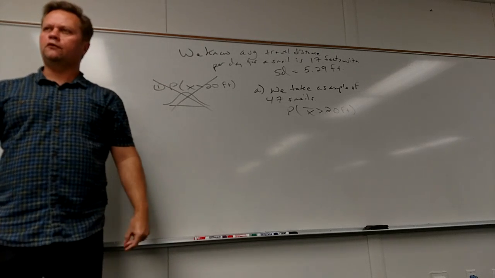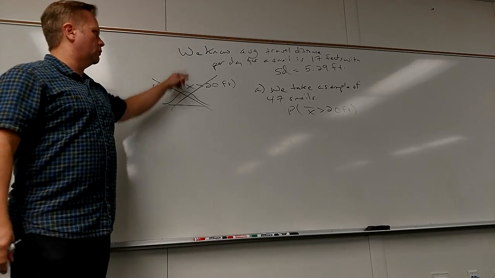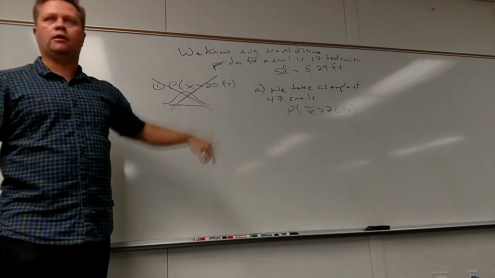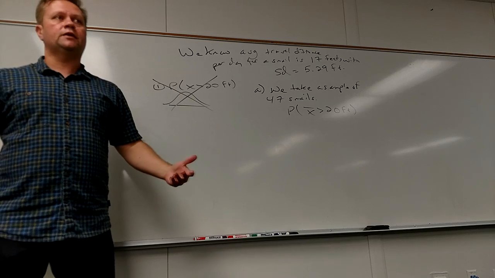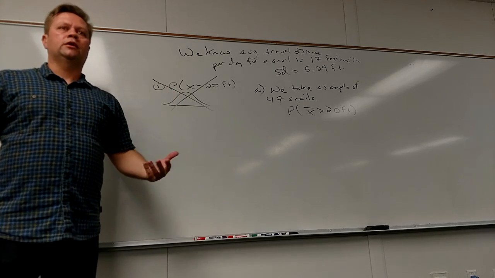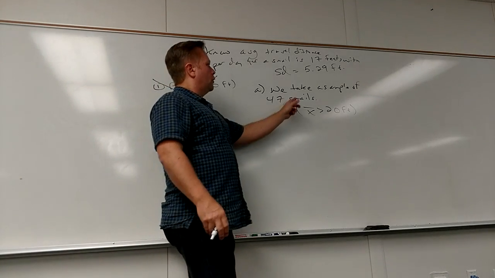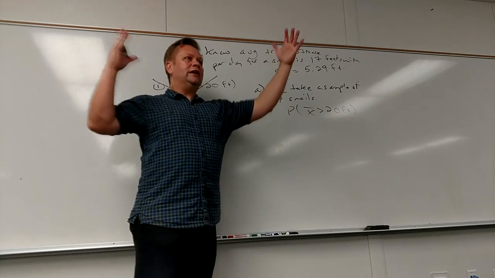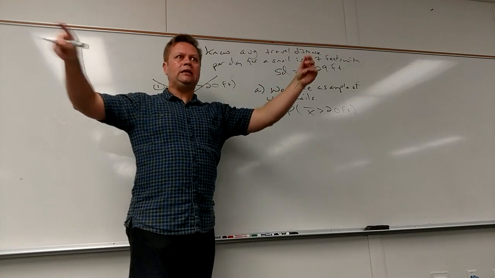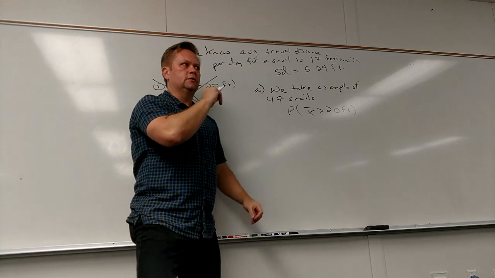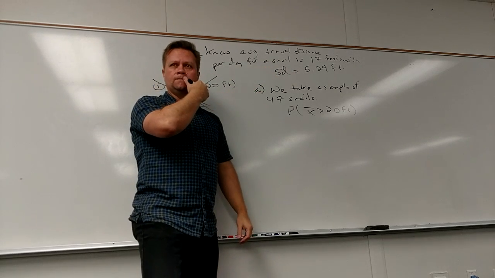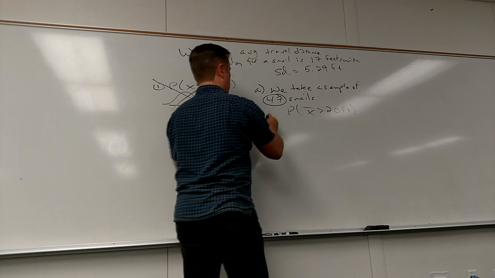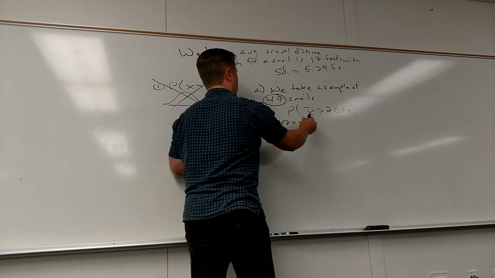What is it that we have to look for in these problems? It doesn't tell me it's normal. I can't do that problem. All of a sudden I could do that problem. Sample size is bigger than 30. So then I know that whatever sample I pick will live in a normal distribution. I know that the means will be normally distributed. Enough. N equals 47. Bigger than 30.